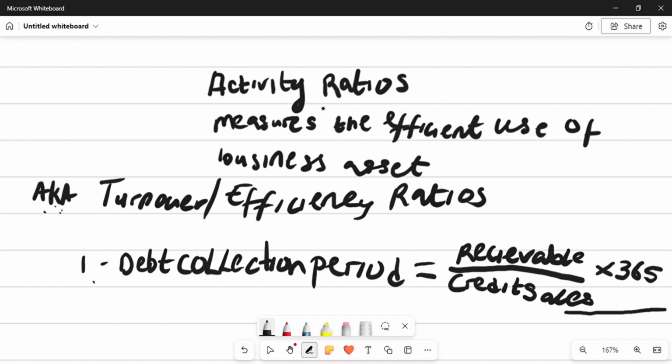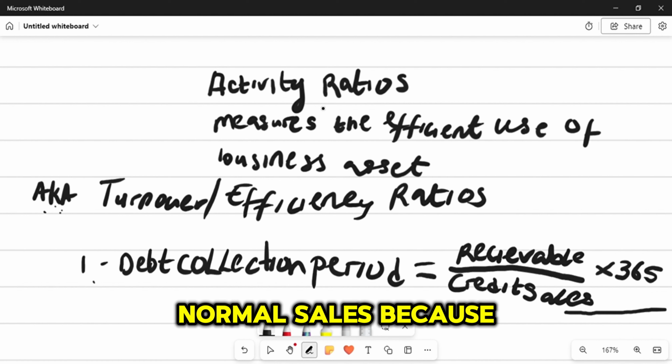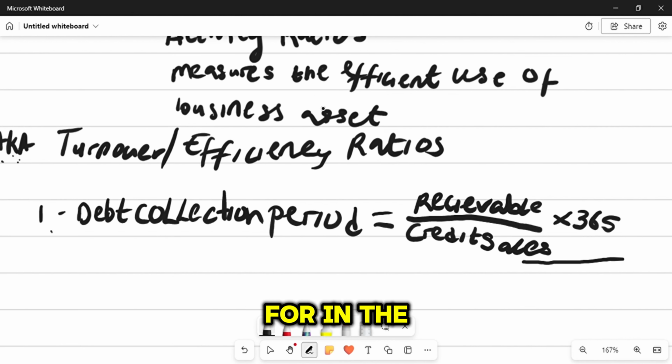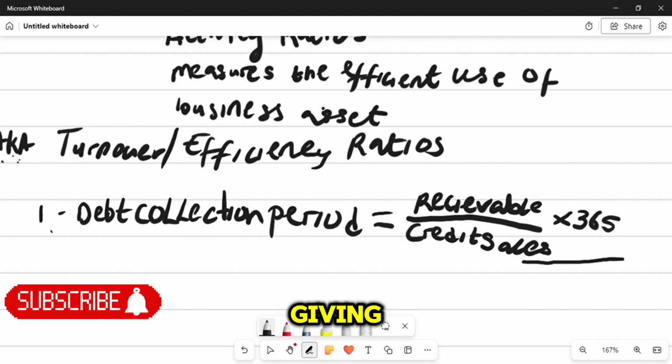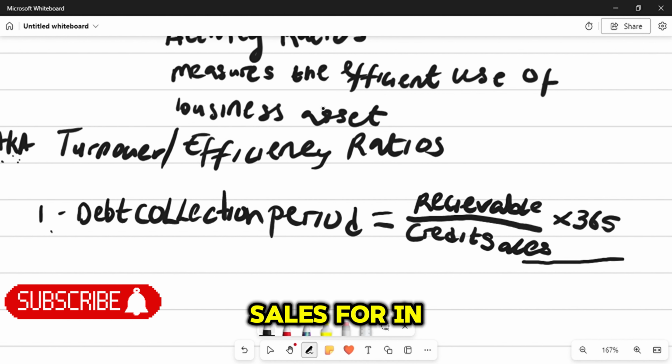So now, emphasizing this credit sales that is written here. Credit sales is meant to be different from normal sales, because credit sales is the amount of sales that are actually on credit, right? But on a normal basis you would just be given sales. So in the exam hall you're just required to use the sales figure given. But when you are stating the formula, you have to state receivables divided by credit sales.